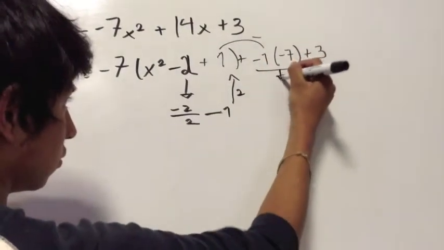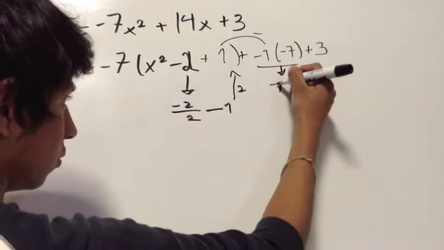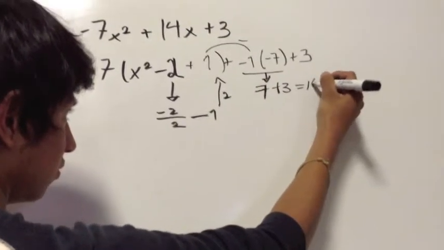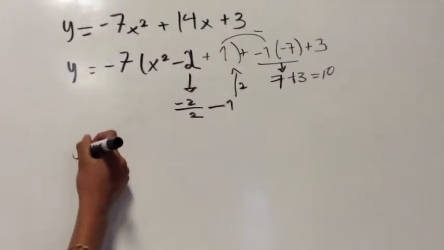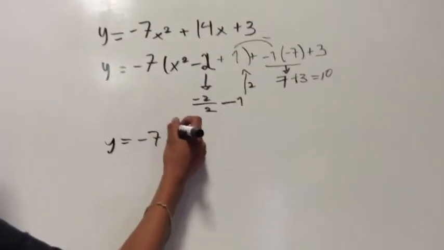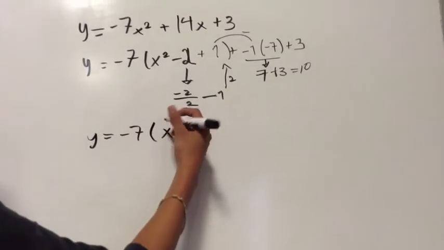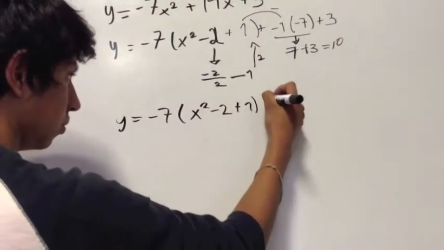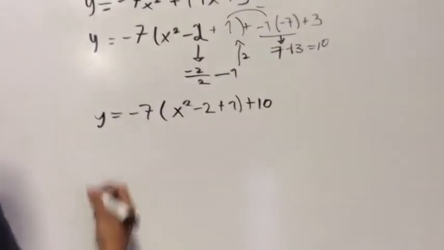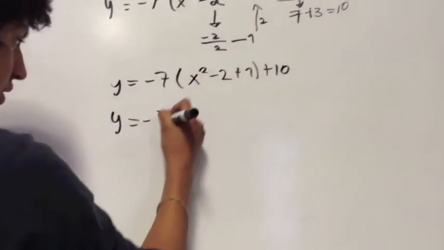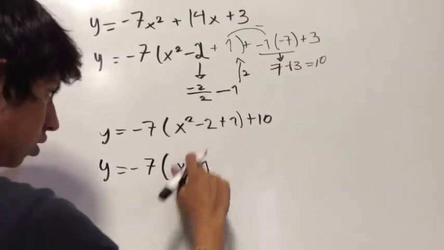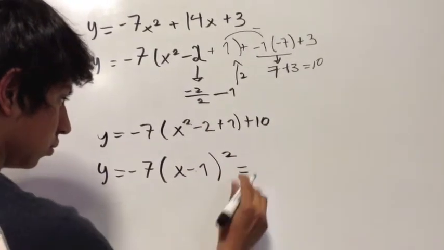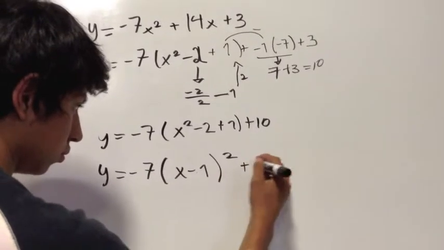Then minus 1 times minus 7 equals 7, plus 3 equals 10. So y equals minus 7 times x minus 1 squared plus 10.